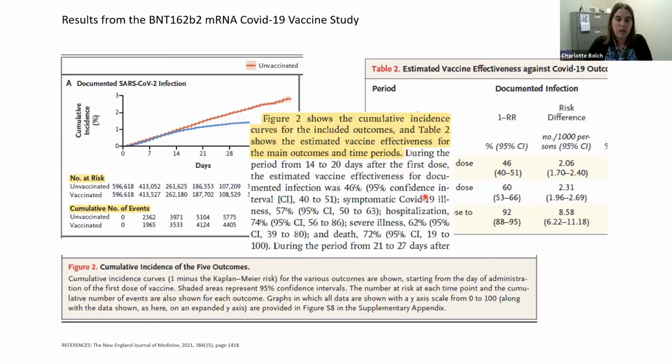They also talk about the vaccine effectiveness within the article as well. You can see the 46% right here, but then they're also reporting this confidence interval. So the next part of this talk is about what the confidence interval is and what that means.